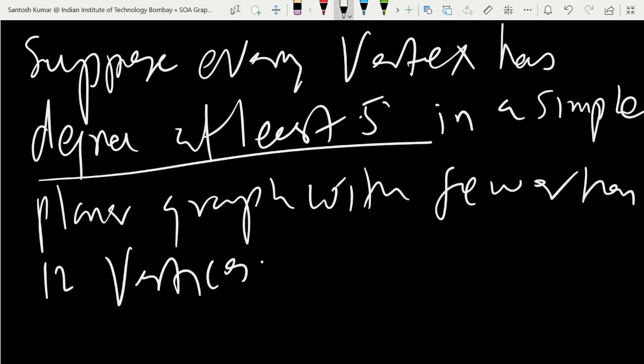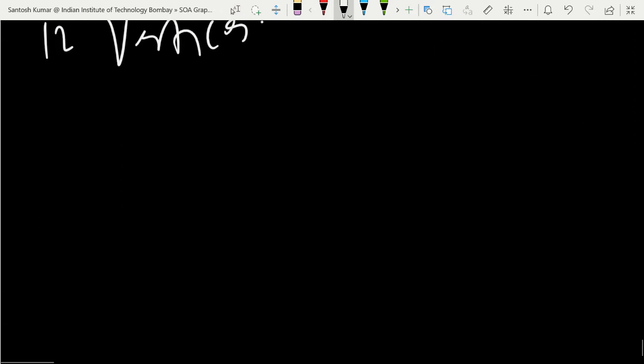Now you assume that each vertex has degree at least 5. You have been given that the number of vertices is less than 12, and you assumed each vertex has degree at least 5.